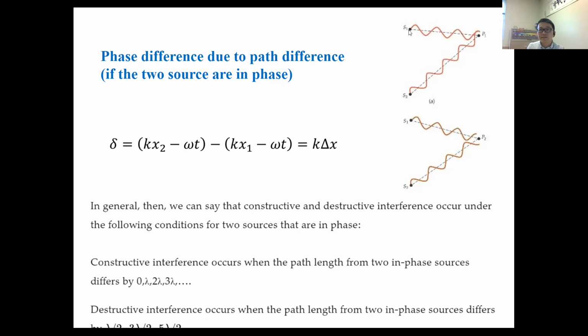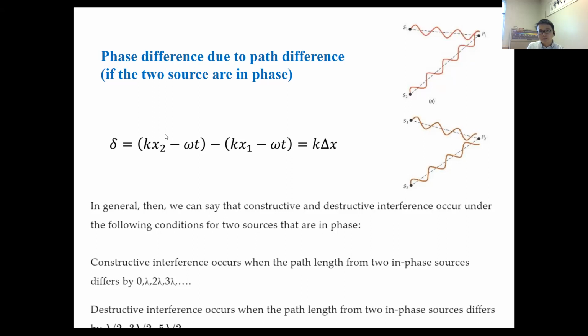The phase is the same, delta is equal to 0, omega is the same, amplitude is the same. From source 1, you have a wave generated that propagates to your point of interest. Now you have source 2, which generates a wave and arrives at the point of interest there. So the only difference is the path difference.